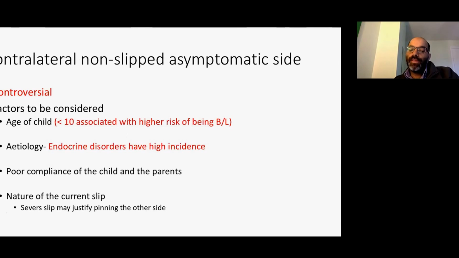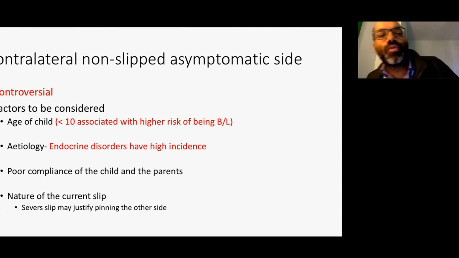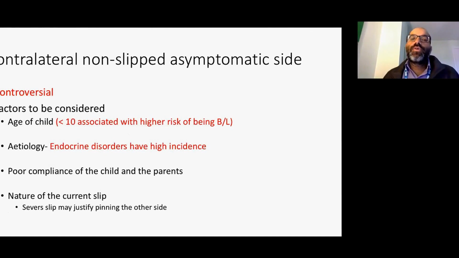Now, the other question can be asked, what are you going to do with the other side, which does not have any symptoms? Okay. If they are symptomatic, then the answer is straightforward. You will fix it. But if the other side is not symptomatic, then again, it's a controversial topic. But there are certain factors that can be considered if you are planning to fix it on the other side.